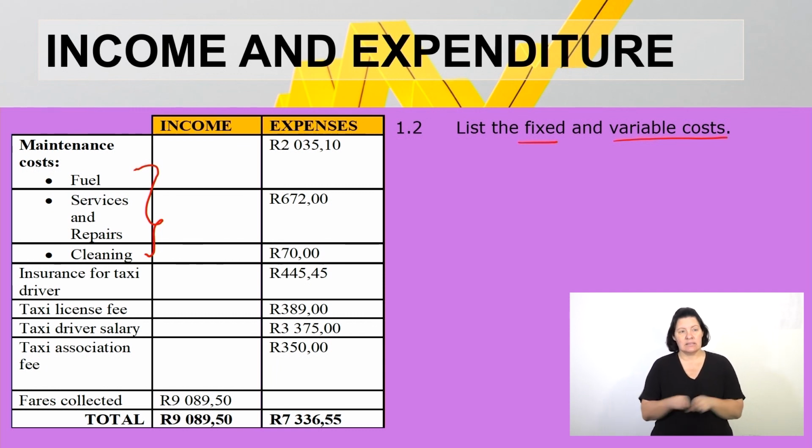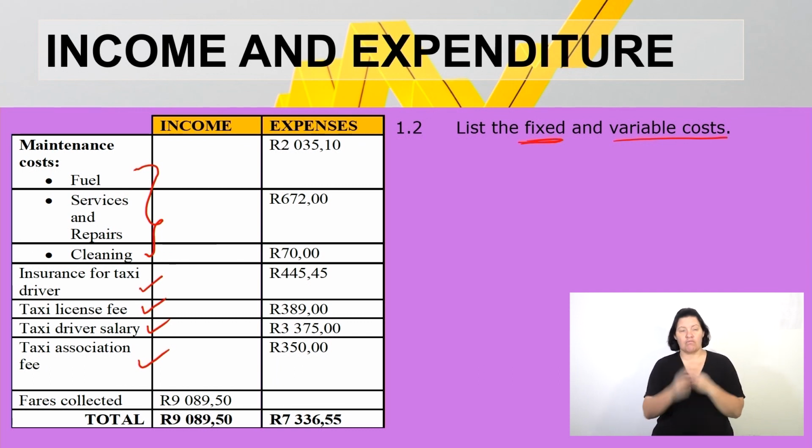And then we also said indicate the fixed expenses. I'm going to do it on the income and expenditure statement. Your insurance for the taxi driver, the taxi license fee, driver salary, as well as your taxi association fee, that all becomes your fixed expenses.